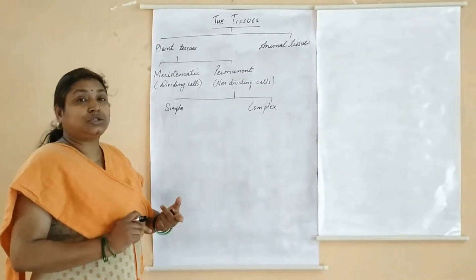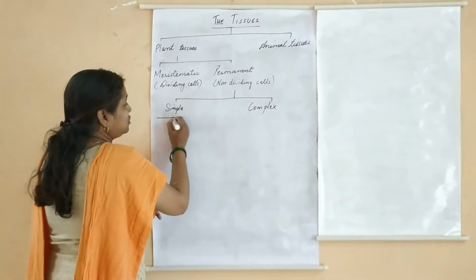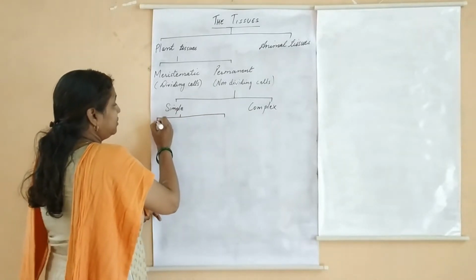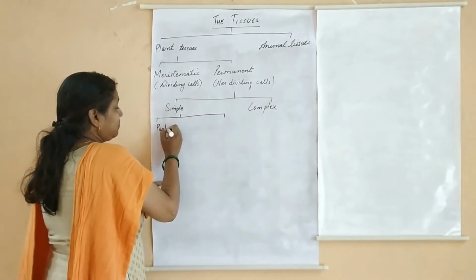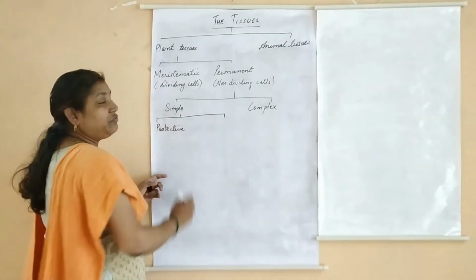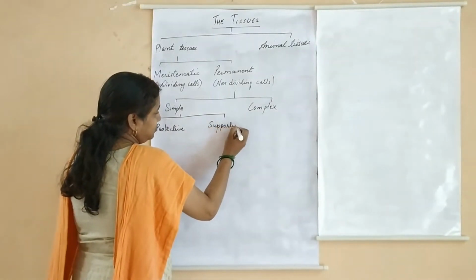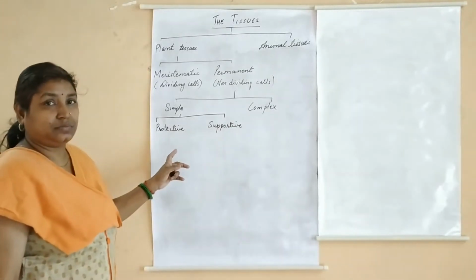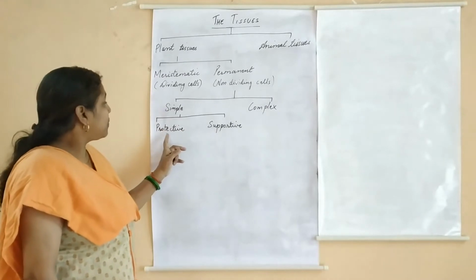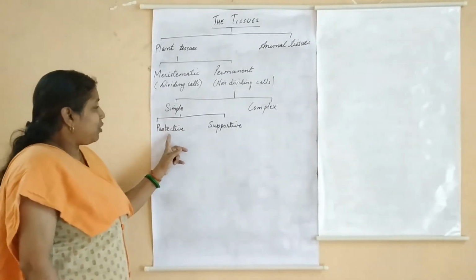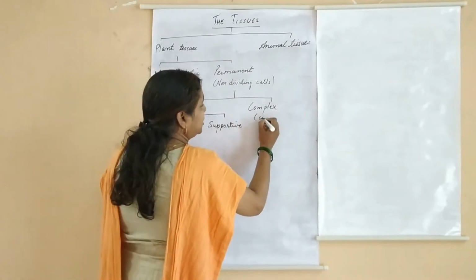Based on function, simple permanent tissue is either protective or supportive in function, and conduction belongs to complex permanent tissue.